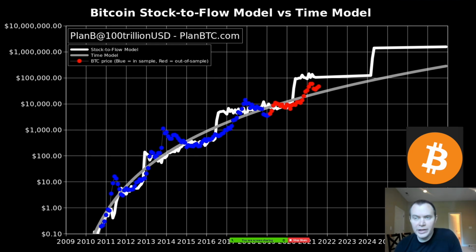So if you do fit, you're completely correct, because I've actually done that exercise before. I have a chart that shows what happens if you fit the data just through the first cycle, then refit it through the second cycle, and then refit it through the third cycle. The logarithmic regression curve changes, right? It doesn't stay the same, but the more cycles you have, like now we're in the fourth one if you measure from the bottom, or the third one if you measure from the halving, the less it changes.